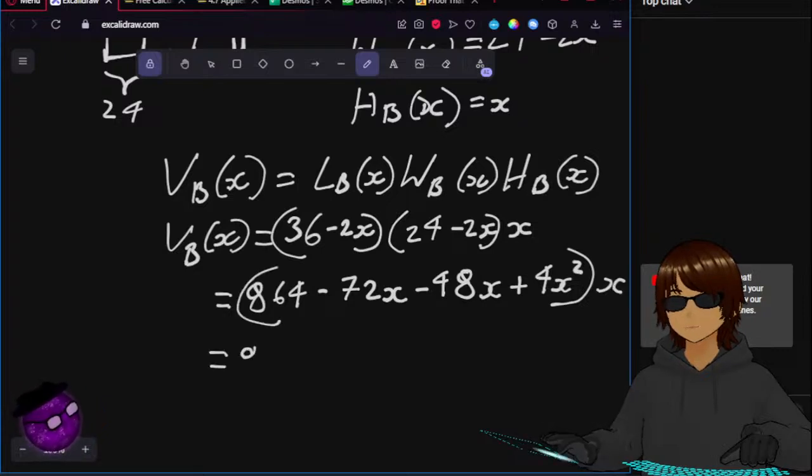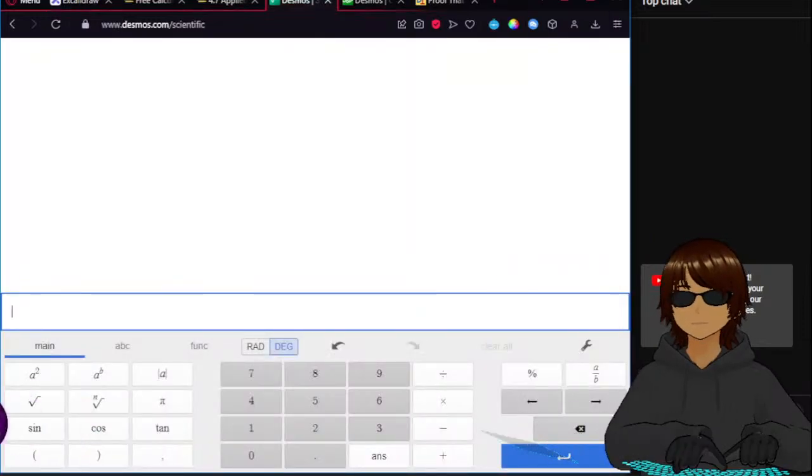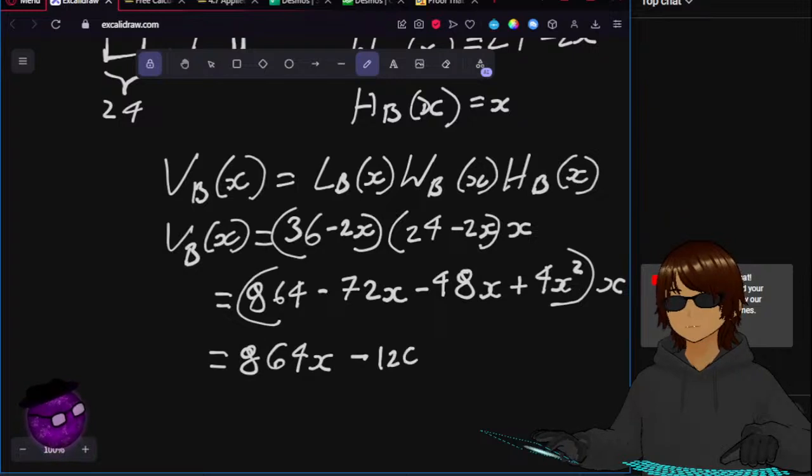And then this is equal to x times 864 minus 72 minus 48, minus 120x squared plus 4x cubed.